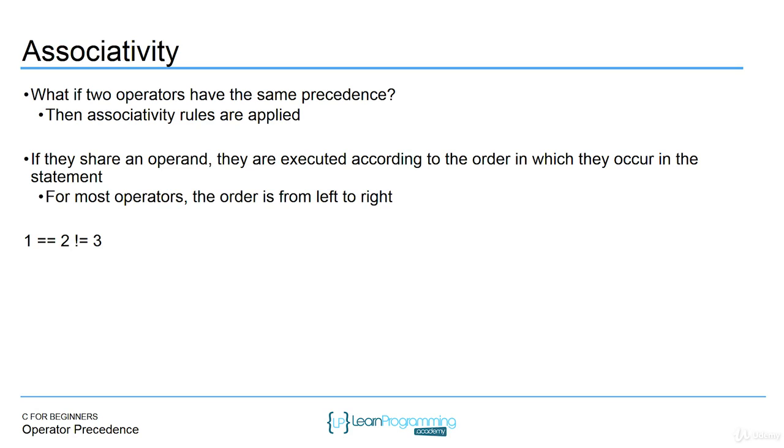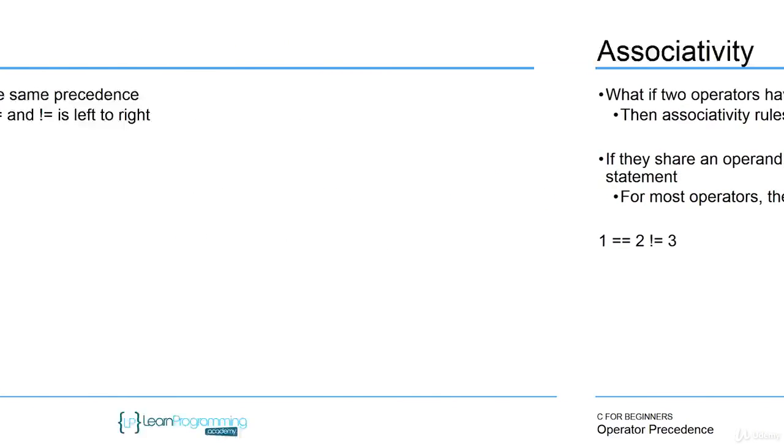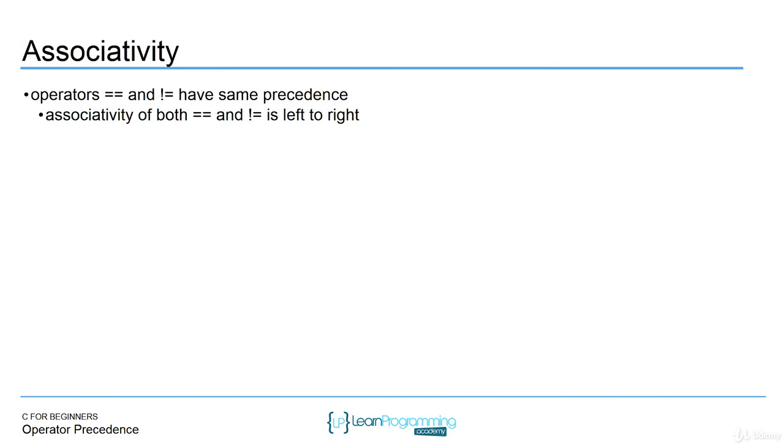Let me show you an example. If you say 1 equals equals 2 is not equal to 3, the equals and the not equals operators have the same precedence. So in this case, we have an ambiguity. We have a problem. We don't know what to evaluate first. We don't know if we need to do 1 equals 2 first, or 2 is not equal to 3.